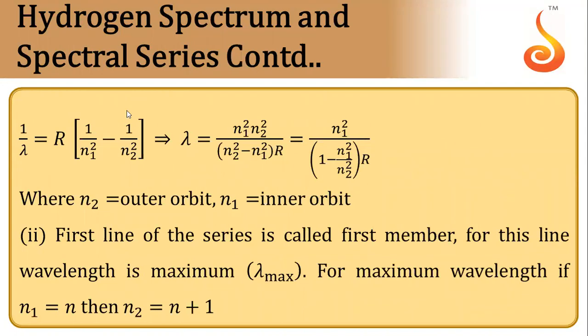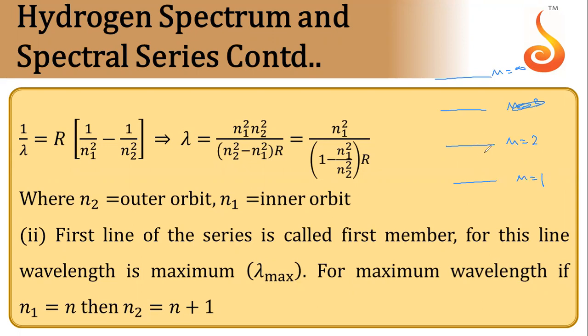Whenever an electron moves from n2 to n1 orbit, you can find the wavelength of the emitted photon using this formula. Now, let's say the electron is moving from the second orbit of hydrogen to the first orbit, and in another case it moves from n equals infinity.